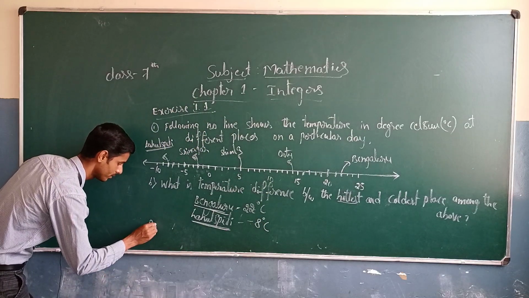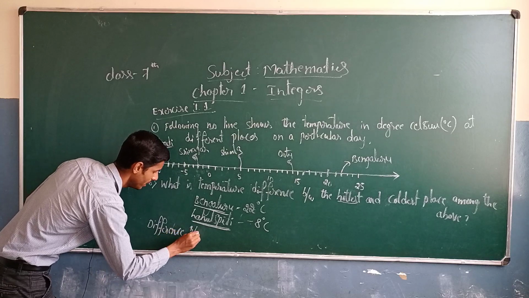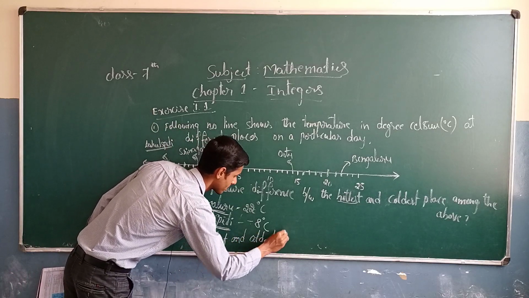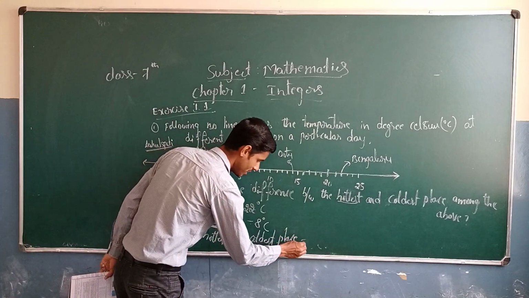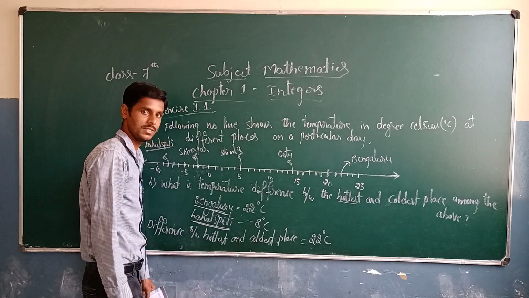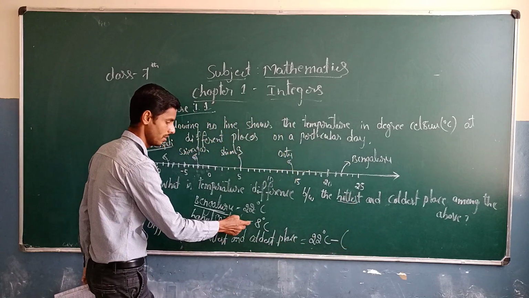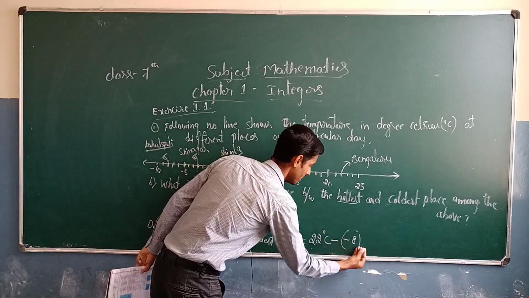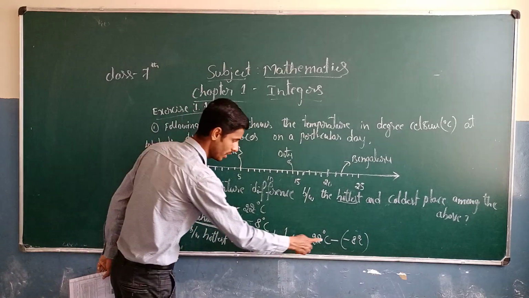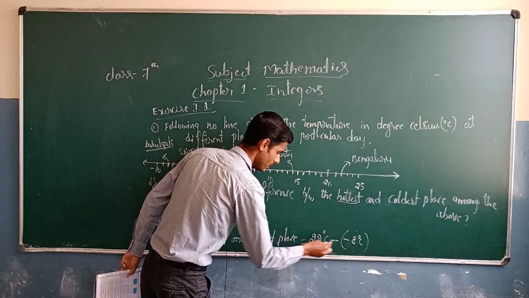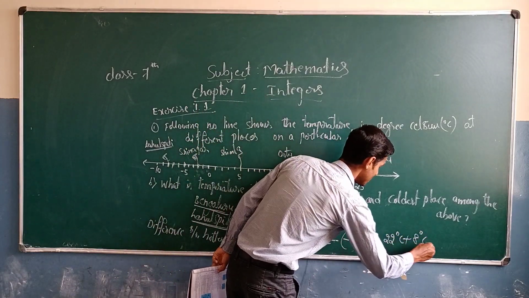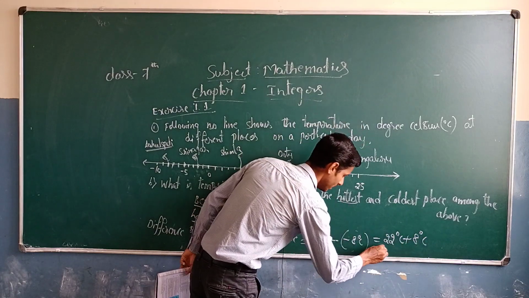So the difference between the hottest and coldest place is equal to 22 degrees Celsius minus of -8. 22 degrees Celsius plus 8 degrees Celsius is 30 degrees Celsius.